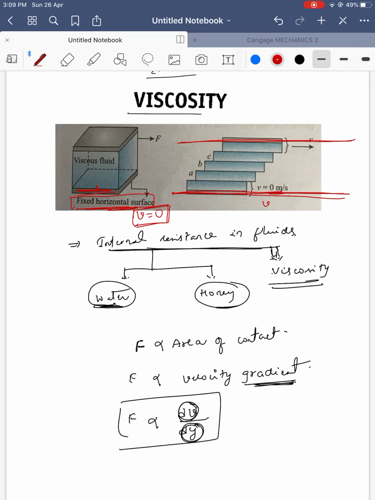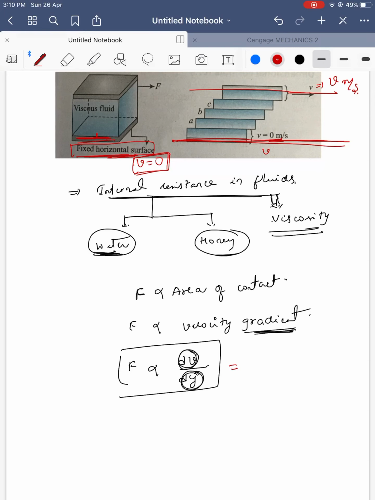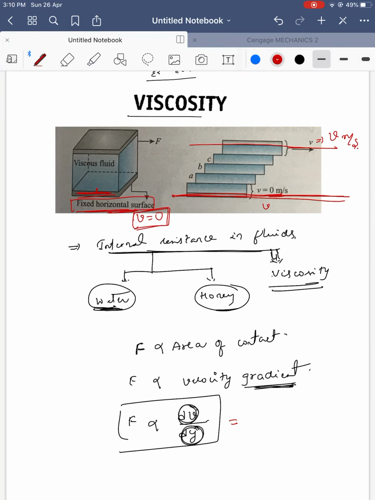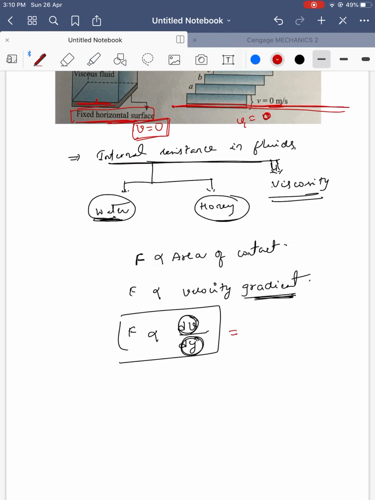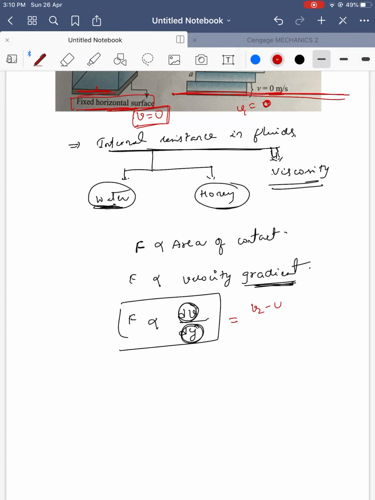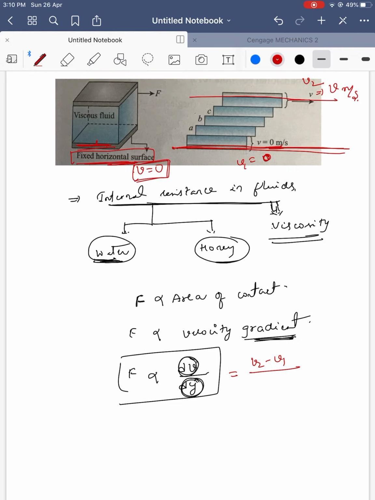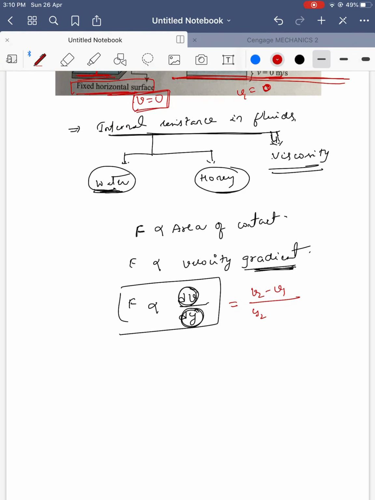Next, at the highest point, how much is the velocity? V meters per second. So v1 is equal to 0, and v2 is v. I am writing dv as v2 minus v1, and dy as y2 minus y1.